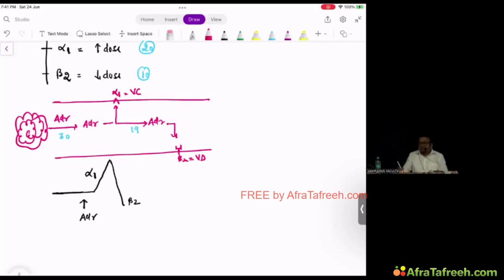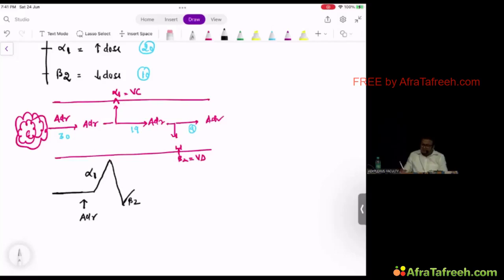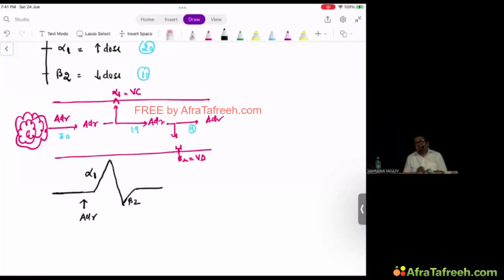Further metabolism of adrenaline will continue. And after some time only 9 are left. But at a concentration of 9, which action will come? How many are needed for beta action? 10. 9 is less than 10. So now no action will come and BP will come back to baseline. So when you give adrenaline, look at the graph. What happens to BP initially?